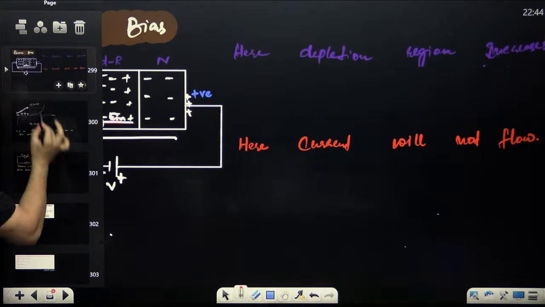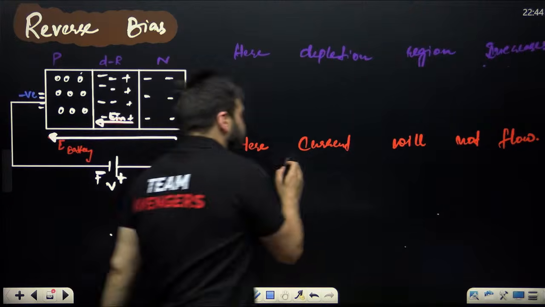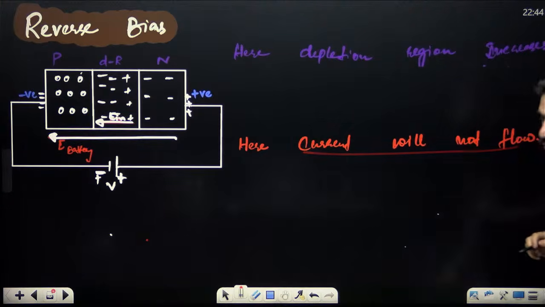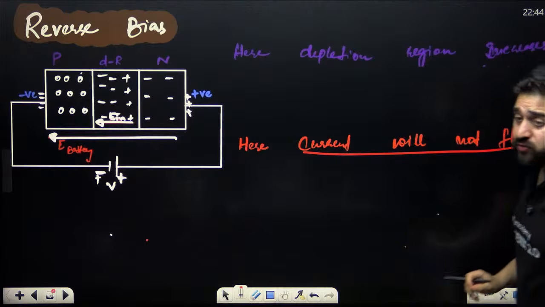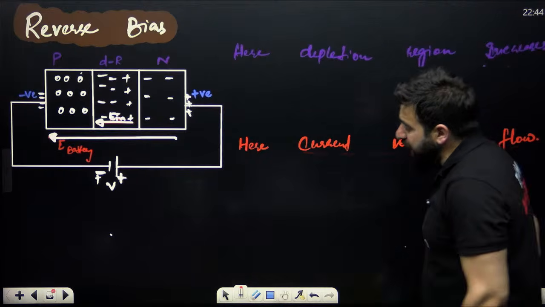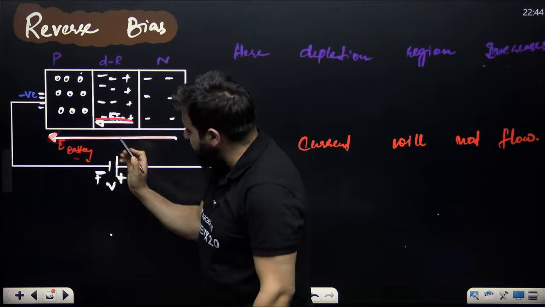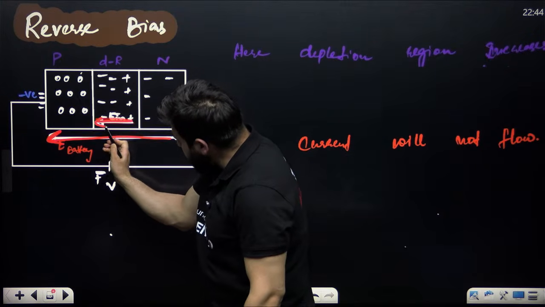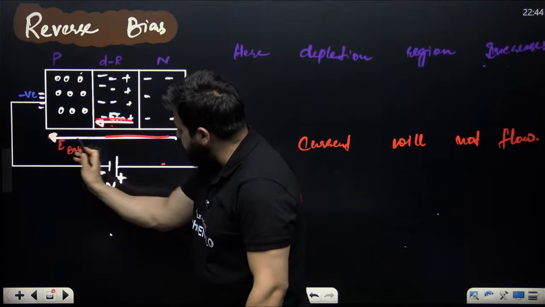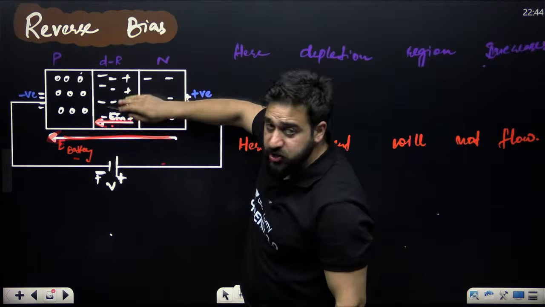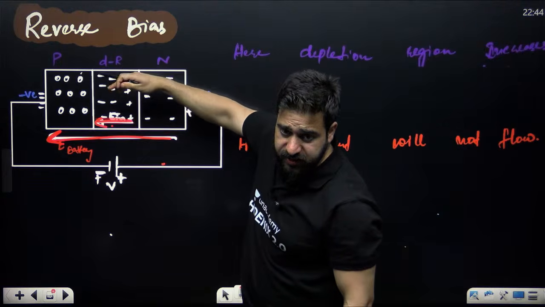Initially, in case of reverse bias, current will not flow, so the diode behaves like an open wire. Now, when you keep on increasing the potential difference, the electric field in the depletion region is in the same direction as the external electric field and keeps on increasing.